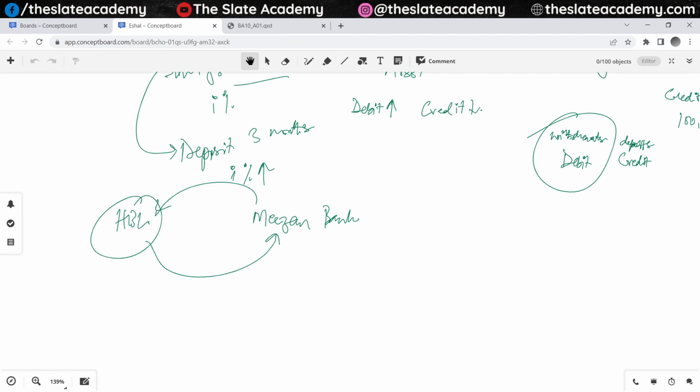So what's the net sum that one bank owes the other? For example, Mizan Bank received $200 of HBL checks, and HBL received $450 of Mizan Bank checks. So the net result is Mizan Bank owes $250 to HBL, right?